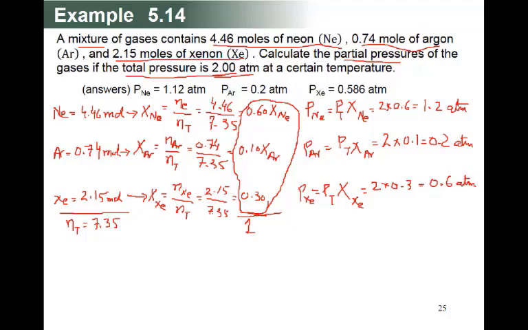To check our answer, we total all these partial pressures, which will be equal to 2, because 2 is the total pressure given in the question. So to check the answer, the mole fraction total will be exactly 1, or sometimes 0.9 or 1.1, no problem.